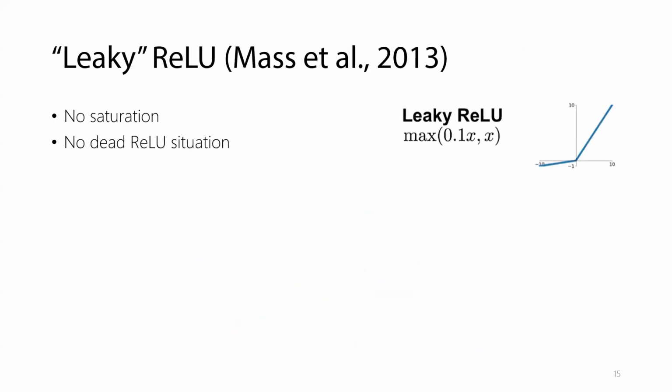All right, so with that kind of motivation, somebody proposed what's called a leaky ReLU. As the name indicates, it's a ReLU, but a little sloppy, right? If you look at this part over here, now we have a little bit of slope. So problem solved.